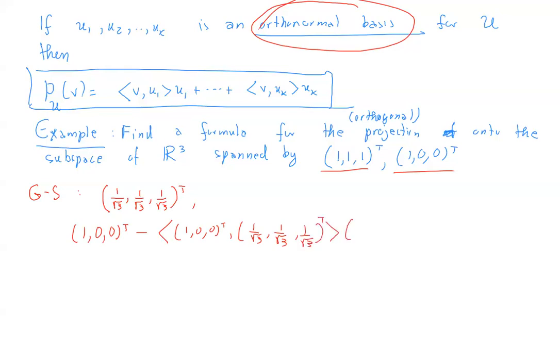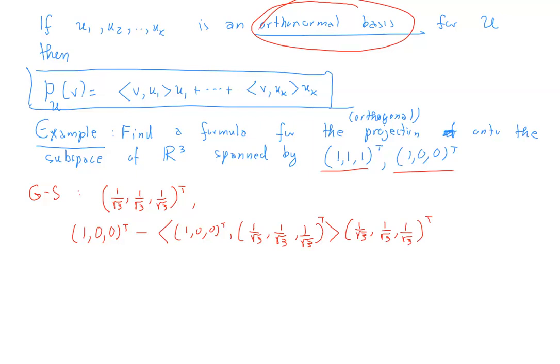Here, there's a remark that has to be made. If you were to apply the Gram-Schmidt method in the basis that you get by reversing the order of these two vectors, the work would have been so much easier, so much simpler.